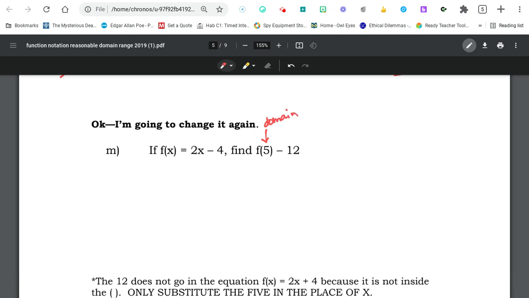So in this particular case, it does end up being a number, so I am going to get a number for my answer. But not only do I need to find f of 5, in other words, change my x to a 5, after I do that and simplify, I then need to subtract 12 from whatever I get.